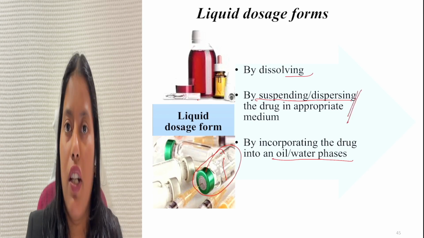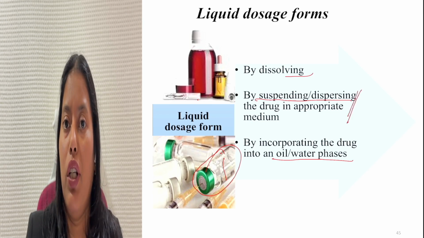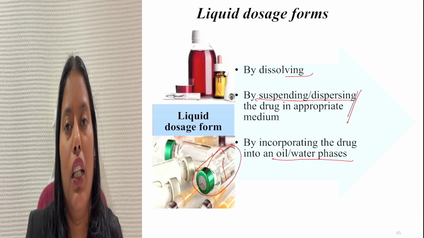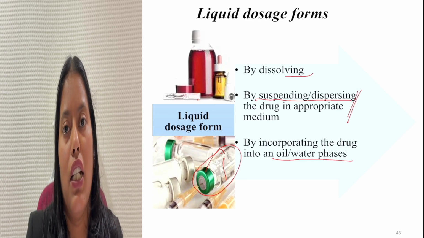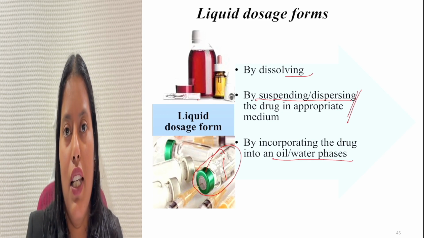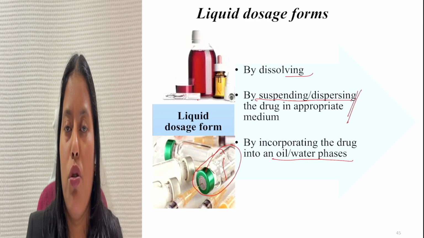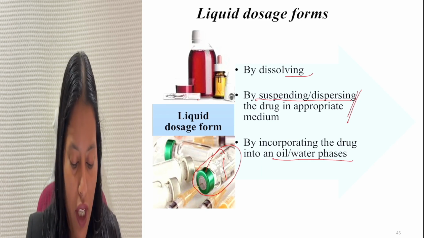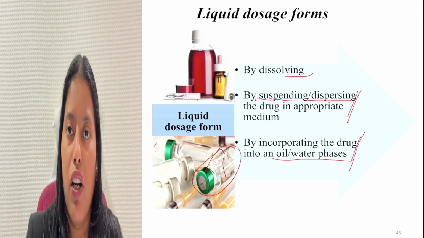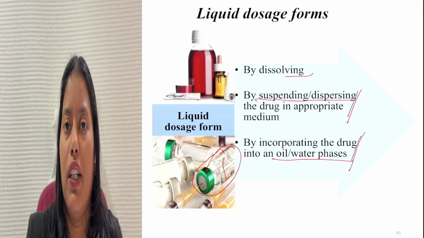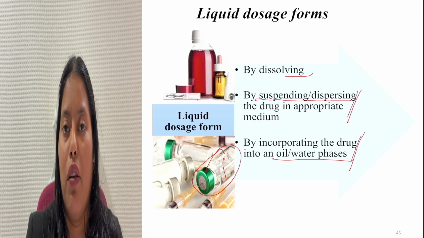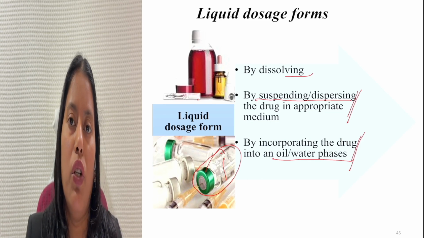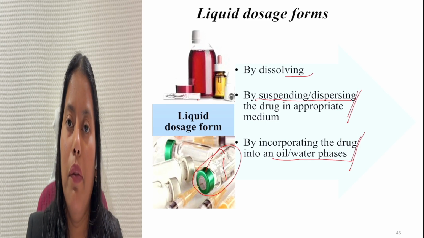If your drug does not dissolve well, then you can prepare it as a suspension, where the drug is suspended or dispersed in a suitable liquid vehicle. Then many oils can be formulated as an emulsion, where both aqueous and oily phases are mixed with the help of an emulsifier, and an emulsion based liquid dosage form can be prepared for the patient.